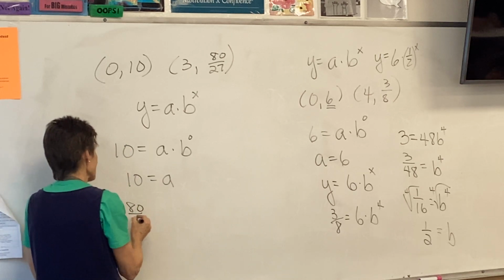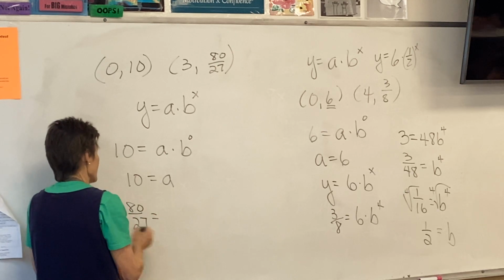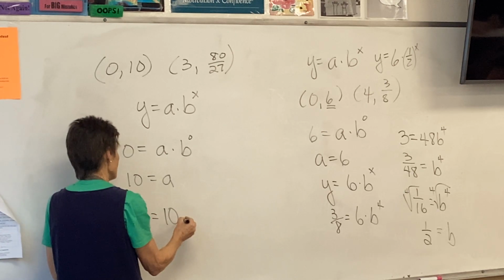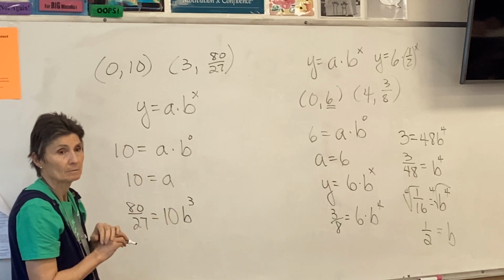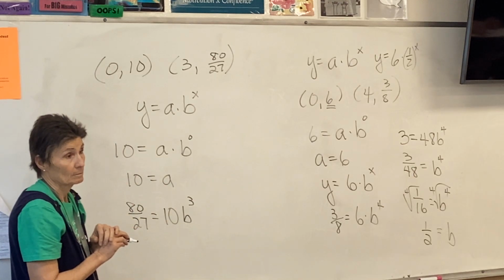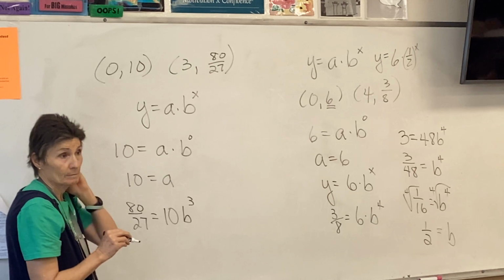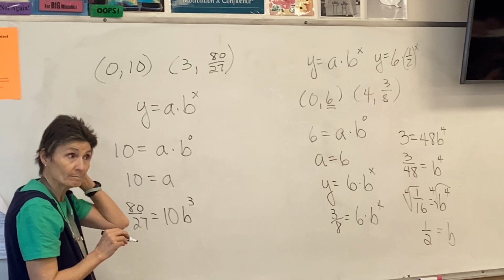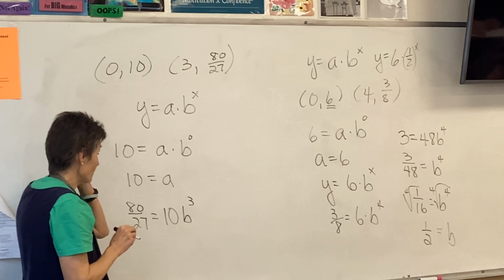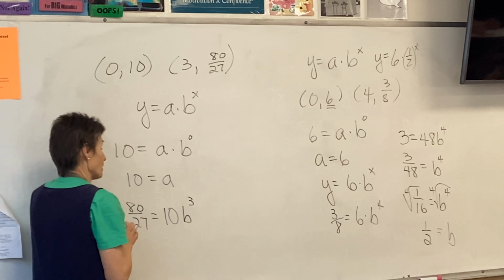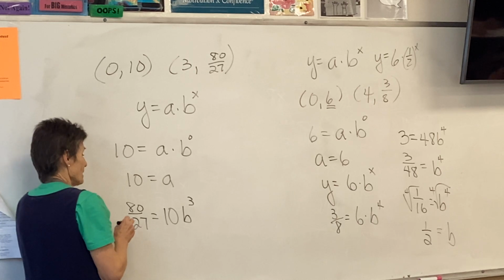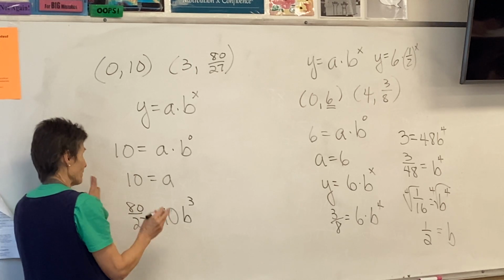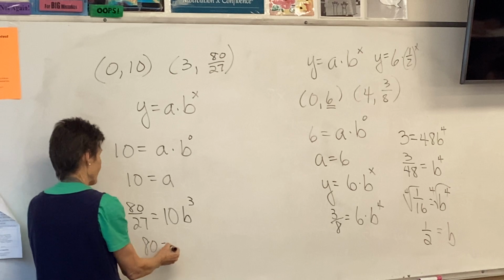Now, 80/27 equals 10 times b to the 3rd. Kind of like what Kaylee did before, she said, let's times by 27 to get rid of the fraction.